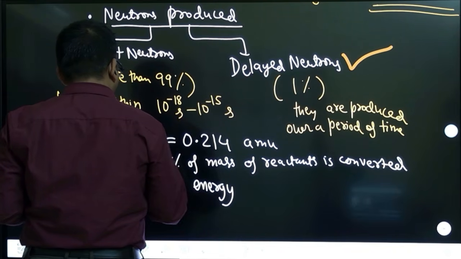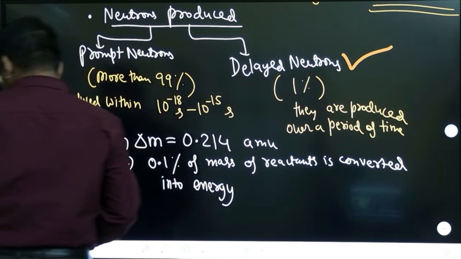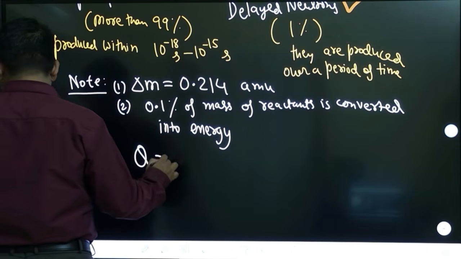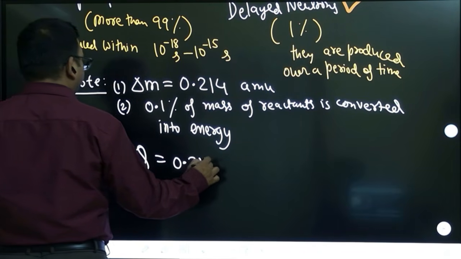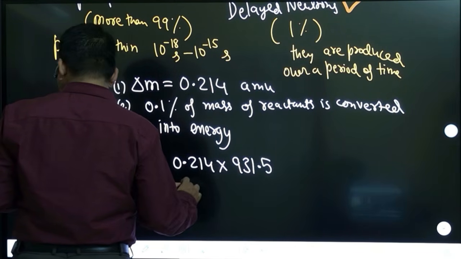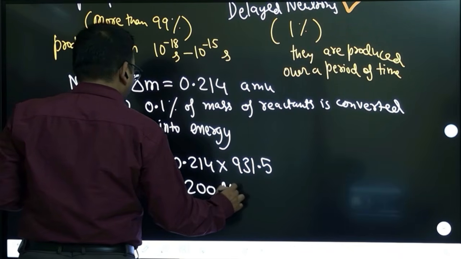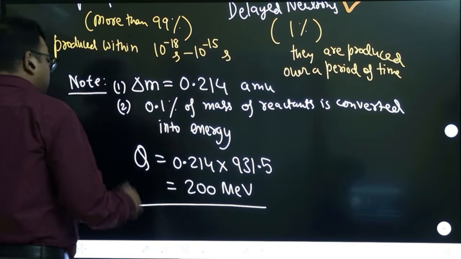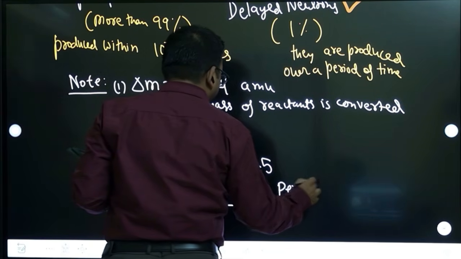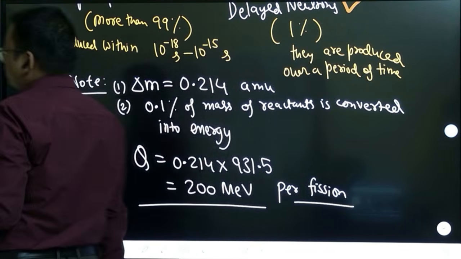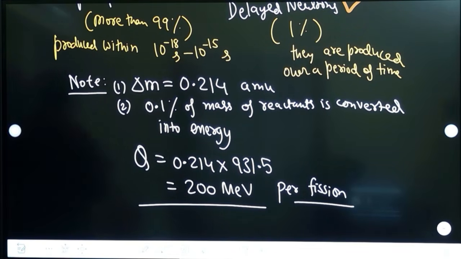How much percent? 0.1% of mass. We can calculate this also. From here the Q value is 0.214 times 931.5 MeV per atomic mass unit. You will get nearly 200 million electron volt. This is how 200 million electron volt is calculated. This is per fission reaction. In one fission reaction, this much energy will be released.